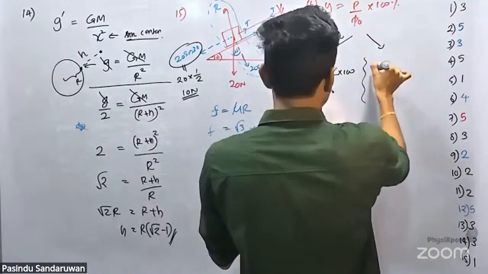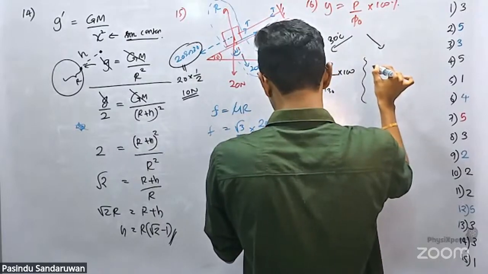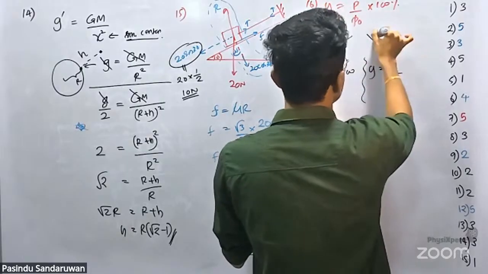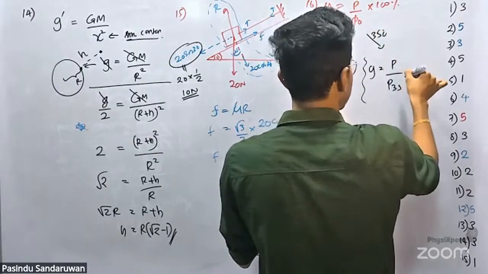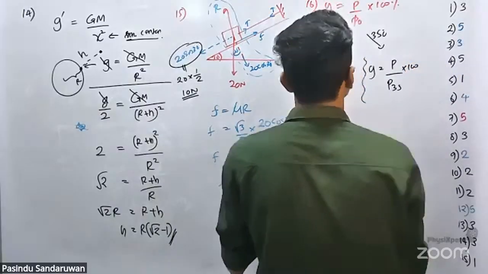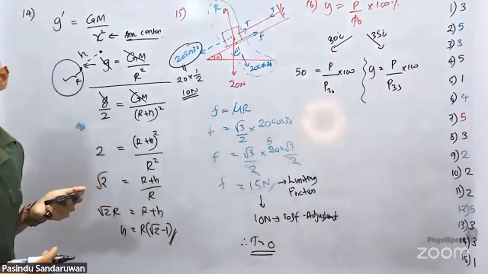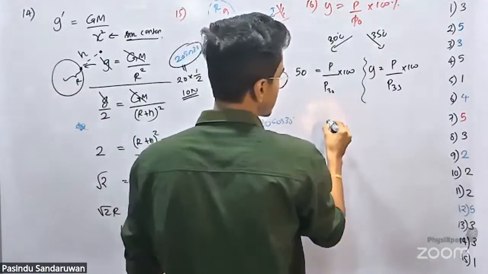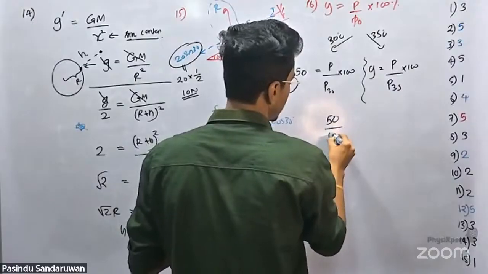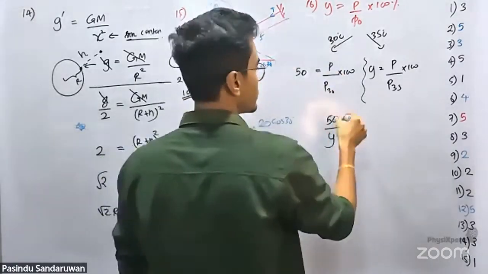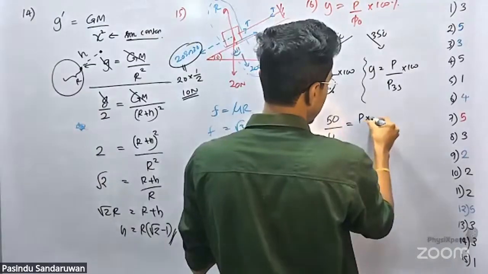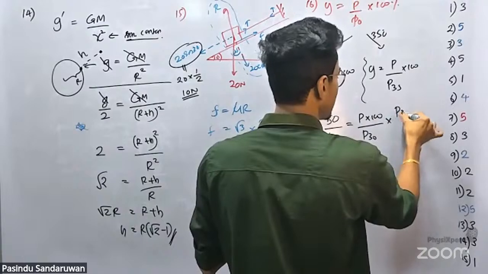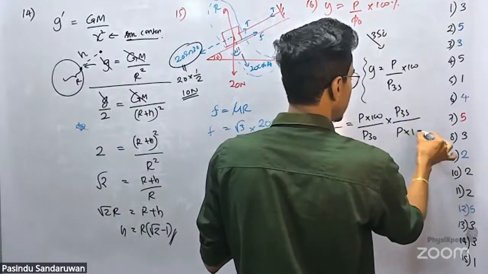And we need Y. Y equals, P remains same, and at 35, saturated vapor pressure is P35, times 100. Now we have two equations. Divide these two equations. 50 over Y equals P times 100 over P30, and here P35 over P times 100.